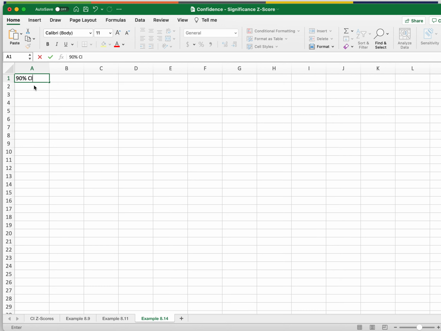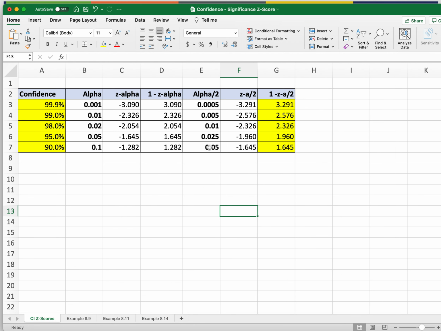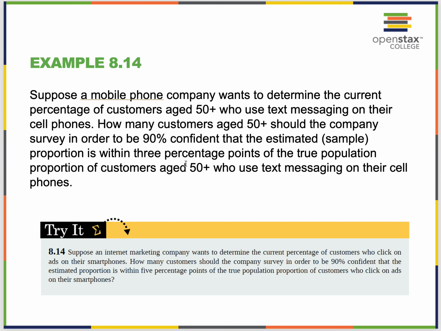That means alpha equals 0.1. It means that alpha divided by 2 equals 0.05, which means the z value for that is, and we go here, where alpha equals 0.05, 1.645.